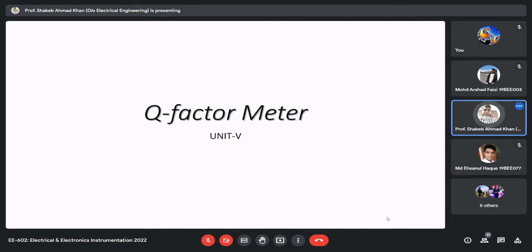If you are having a coil, then how can you define a Q factor of a coil? जी हाँ भाई, आपको लोगों को सुनाई पड़ रहा है?